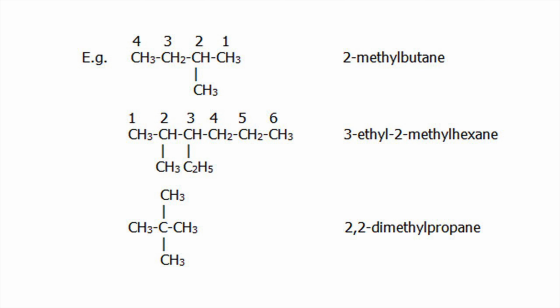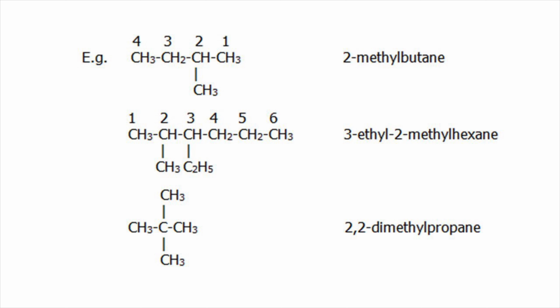Firstly, we can consider the example 2-methyl butane. Here the longest continuous carbon chain contains 4 carbon atoms, so the prefix is but. Then the substituent is methyl group. If the parent carbon chain is numbered from the left side, the methyl group attached carbon gets the number 3.